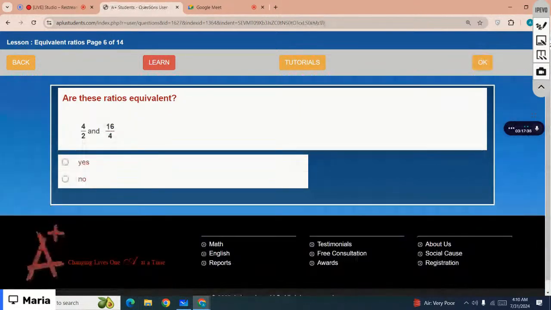Are these ratios equivalent, 4 to 2 and 16 to 4?